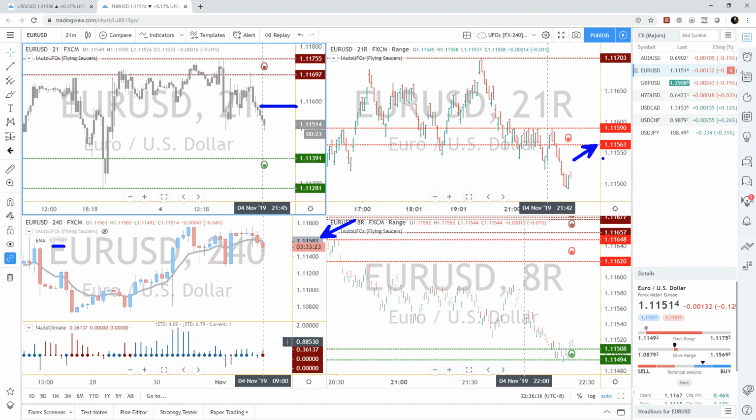But I'm not happy, and here's why. When the euro goes back up from 111.51, which is the current price, to 111.58, which is the average price, as the euro goes up, that average of 58 may become 59 or even 60, and that is already outside that range set by the red UFO, and therefore we almost have a confluence, but we don't.